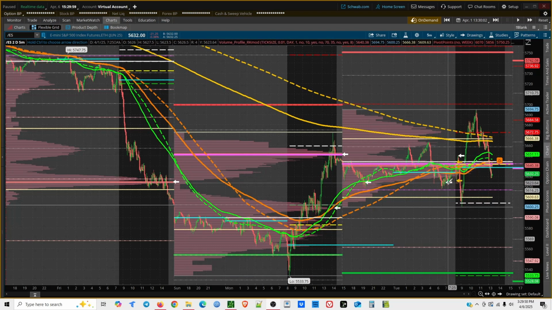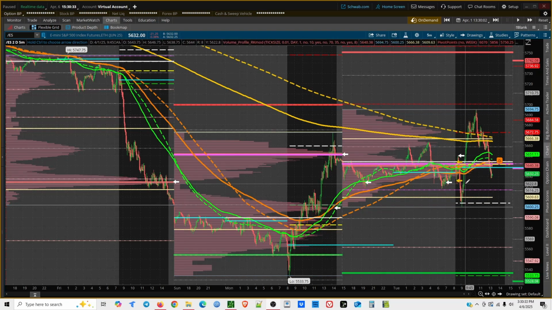And I had marked off where the POC was from 2 days ago and from the previous day, which the POC from the previous day was precisely where its main pivot point was.